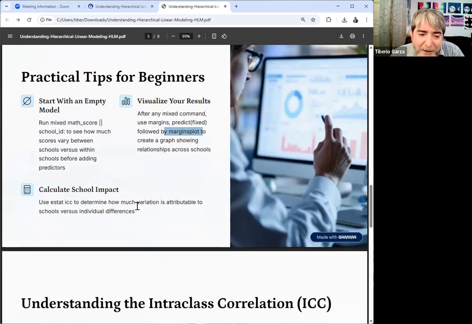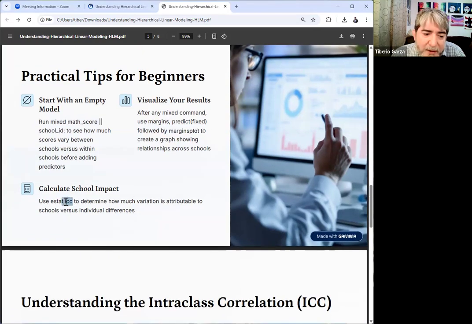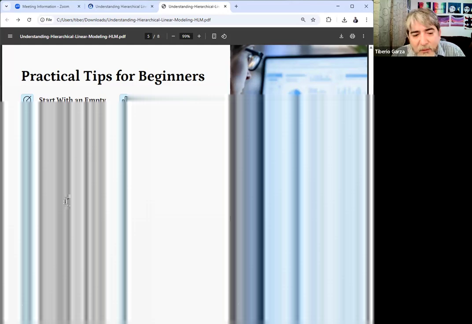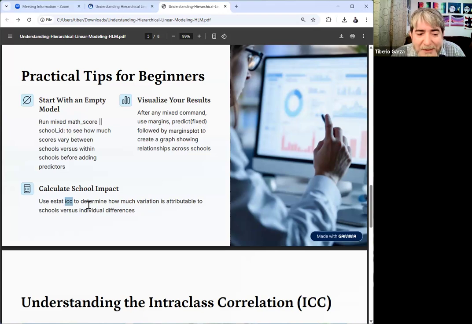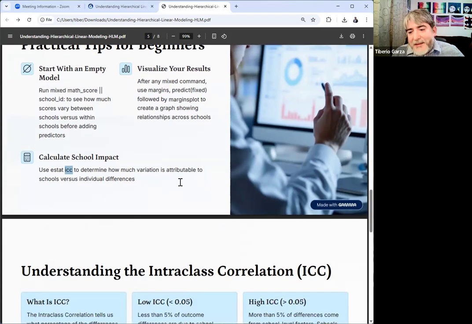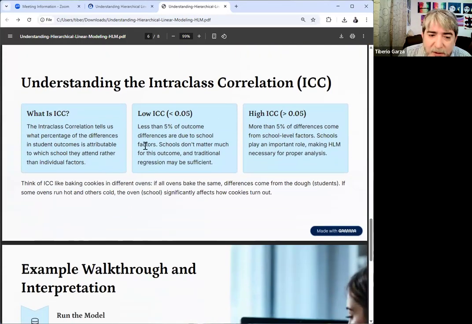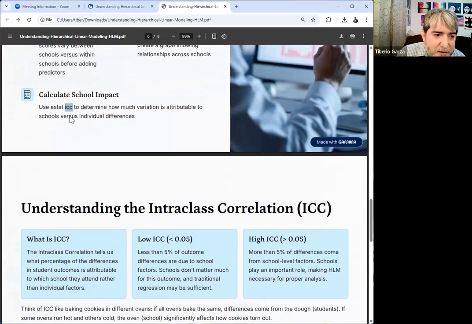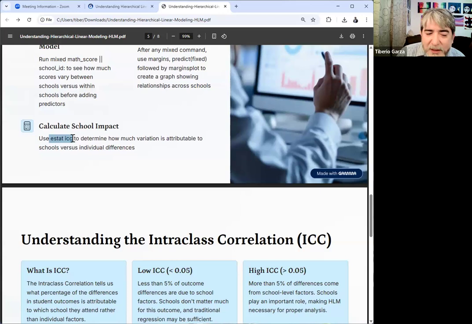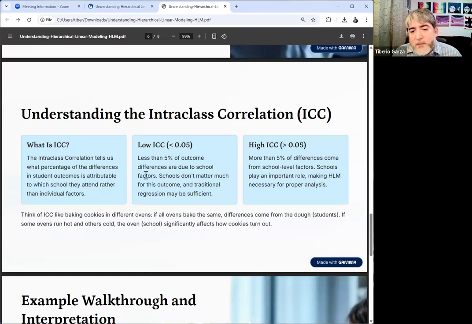But one key thing we need to incorporate when deciding to use multi-level modeling is something called ICC, which stands for the intraclass correlation. This specific measure we can get out of Stata or any statistical software by using the command estat icc.